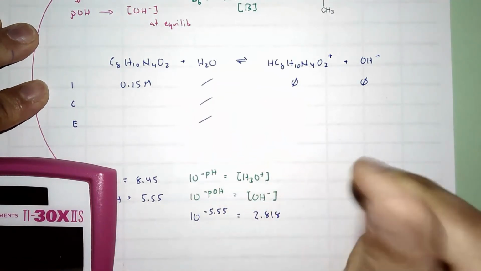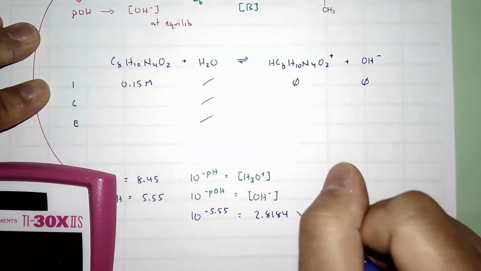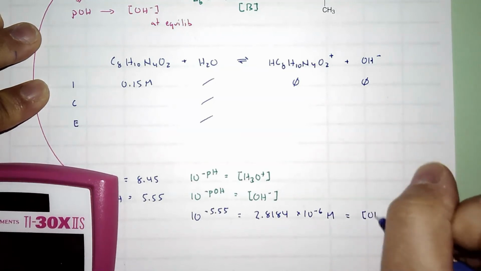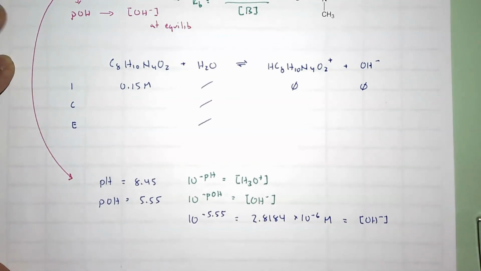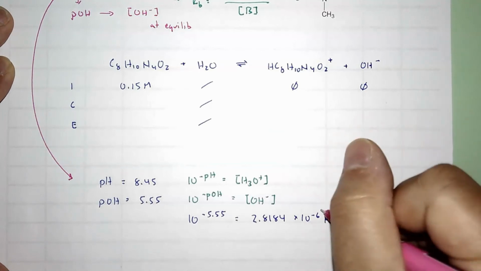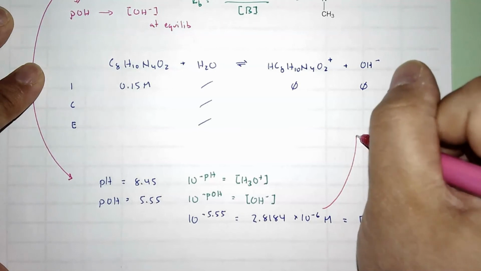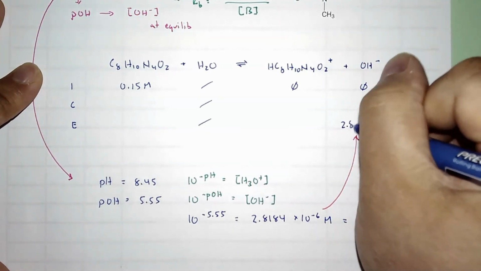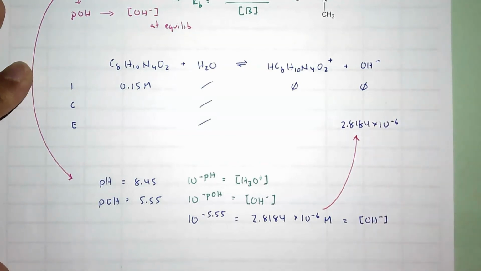Let's give us a couple more digits than usual, 2.8184 times 10 to the minus 6 molarity equals the concentration of OH minus. Did we lose track of why we need that? We need this because that is the equilibrium concentration of OH minus. That number goes right there, 2.8184 times 10 to the minus 6.